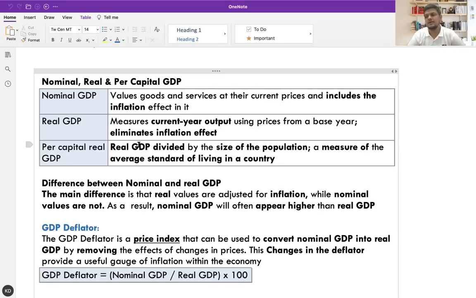But some of the goods' value will also increase because the overall inflation has increased, because the value of currency has gone down. What do you mean by that? For example, let's say you have a $10 bill and you go to buy 1 kg of apples, which was at $10, you get 1 kg.